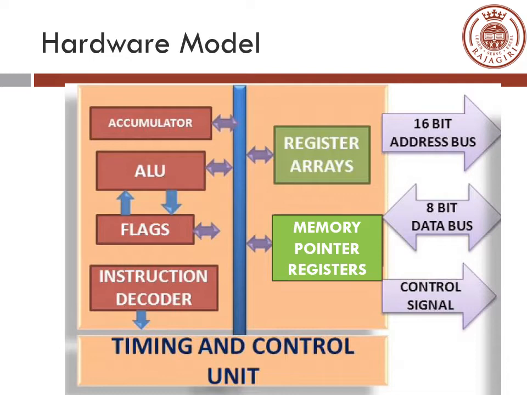You are having the register arrays. You are having the memory pointer registers like the stack pointer and the program counter, and at the bottom you are having the timing and control unit. So you can see the address bus is of size 16-bit, the data bus is of size 8-bit, and you are having the control signals. So this is the hardware model of 8085.